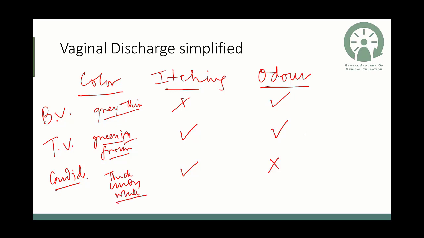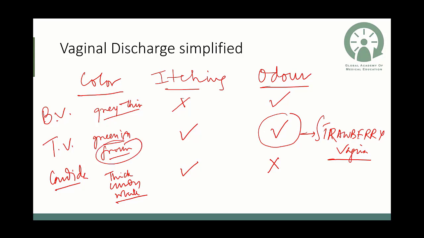Also, Trichomonas vaginalis, special point of mention, causes strawberry vagina, because of the severe itch and inflammation. Strawberry vagina. So, we have odor and we have a frothy discharge.